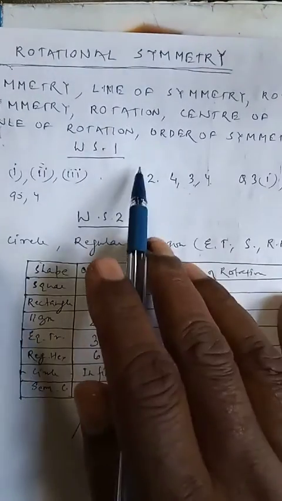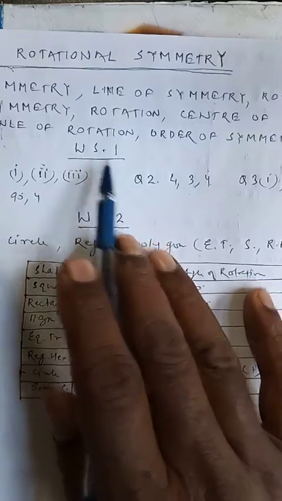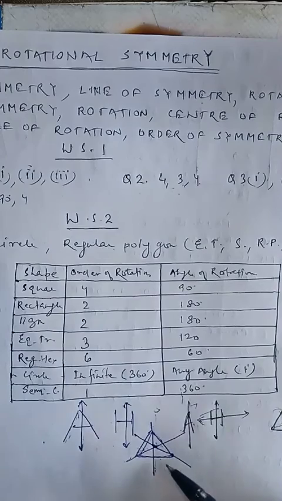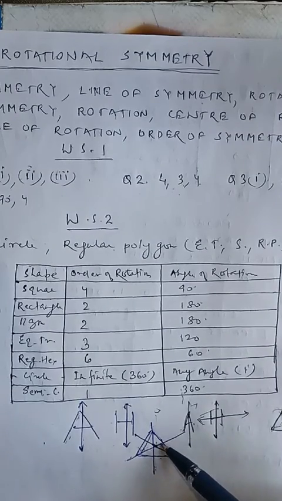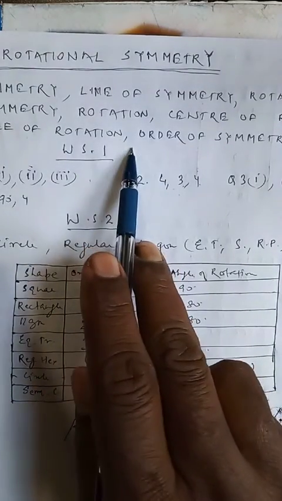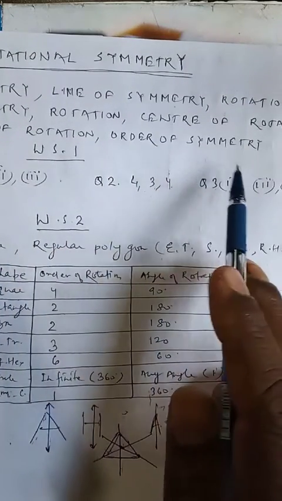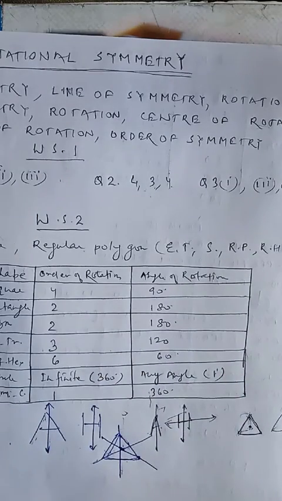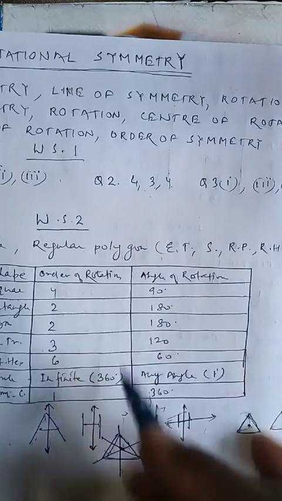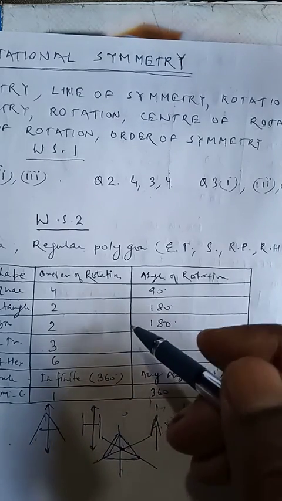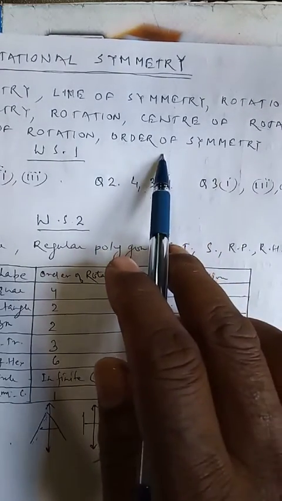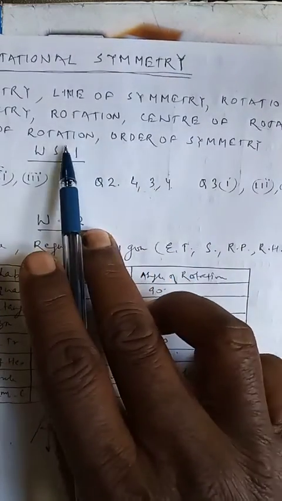Angle of rotation is the angle through which we have to rotate to get the original figure. Here in the equilateral triangle, we have to rotate the figure by an angle of 120 degrees. Now what is the order of symmetry? A complete angle is called 360 degrees. The order of symmetry is the quotient of 360 degrees and the angle of rotation.